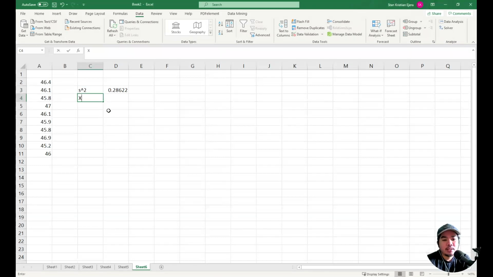Mas kailangan natin is yung chi. Wala kasi tayong symbol or mahirap maghanap ng symbol for chi. So, ang gawin ko na lang is capital X, no? But you get what I mean. Chi squared to. So, we get chi squared ng left tail is equal to chi, again, chi.sq yung syntax. Tapos, ang gusto natin is yung inverse. Okay?